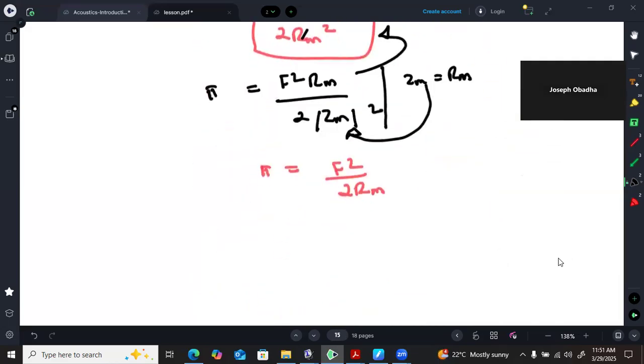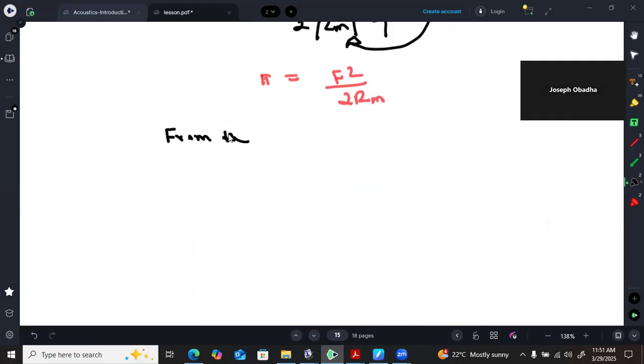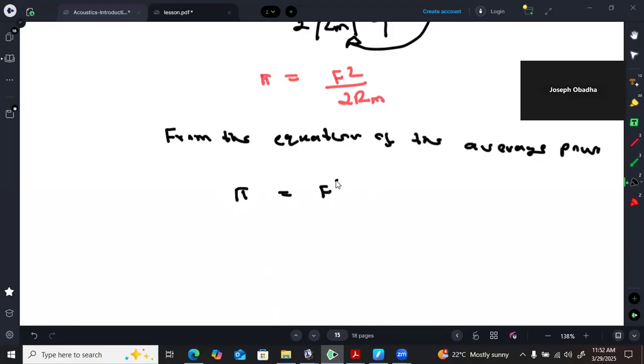So from the equation of the average power, you have seen that the average power is equal to F squared Rm over 2 Zm squared.